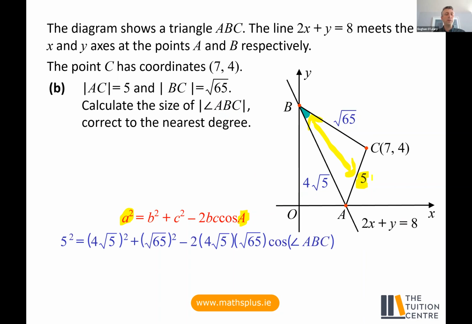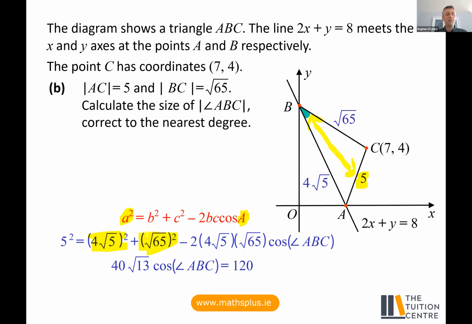So we'll have 5 by itself on the left-hand side. 5 squared is equal to the sum of the squares of the other two. So 4 root 5 squared plus root 65 squared minus twice 4 root 5 times root 65 times the cosine of angle ABC. So I'm going to tidy this up. Just one thing to be careful of here, I'm going to square both of these out, add them together, bring them over to the left-hand side.